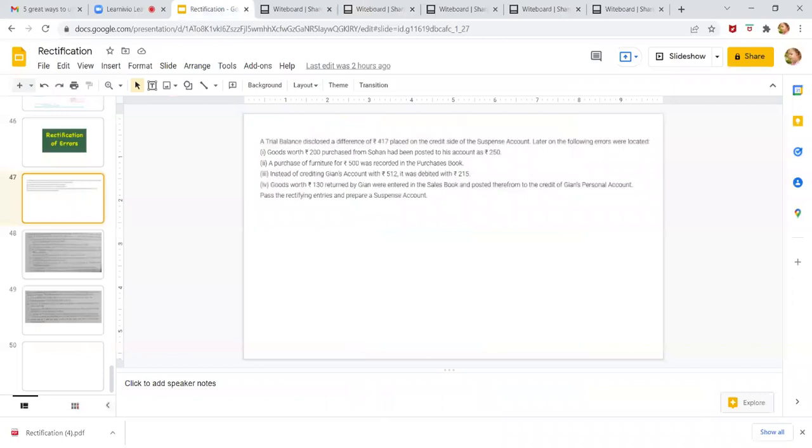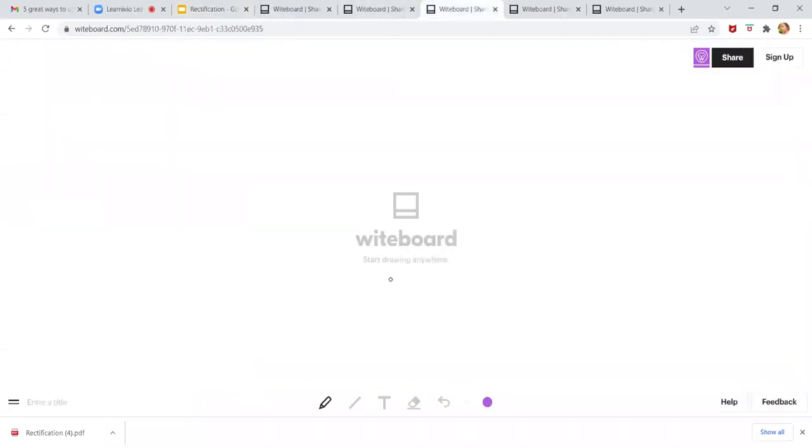So here we have goods worth rupees 200 purchased from Sohan, which had been posted to his account as 250 rupees, right? The entry has to be purchases account debit to Sohan's account credit, with the amount of 200.